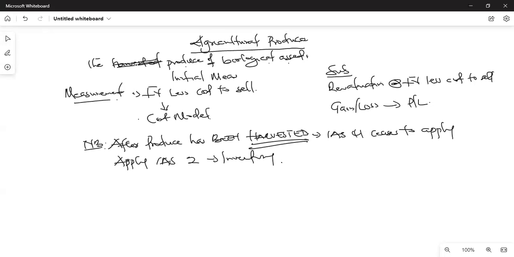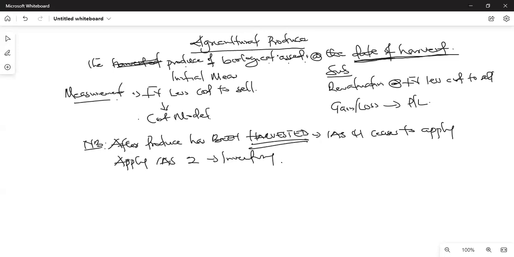What we are talking about here is at the date of harvest. So let me say the produce of biological assets at the date of harvest. Taking off this word harvested clears the ambiguity. The key bit is the harvested produce of a biological asset at the date of harvest.